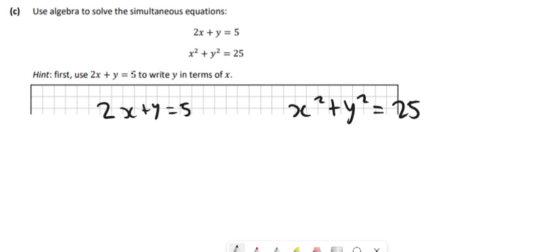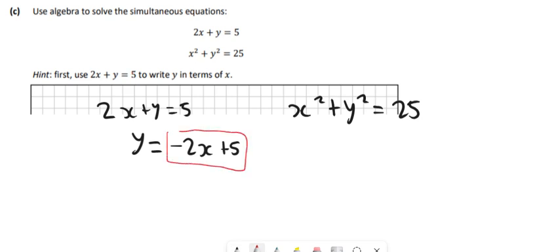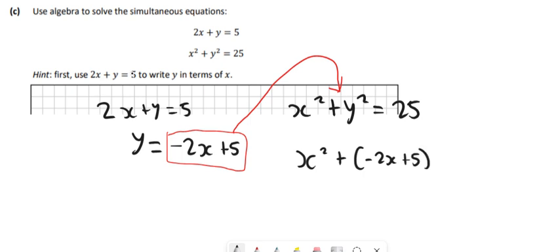Now if I just move the 2x to the other side, I get y is equal to minus 2x plus 5. And now I know what y is. y is minus 2x plus 5. So I go ahead and put that in instead of the y in there. And now I'm getting x squared plus, if I put that in instead of the y, minus 2x plus 5, all to be squared, is equal to 25.